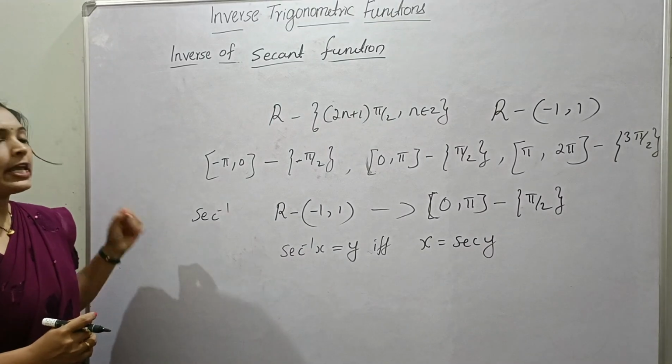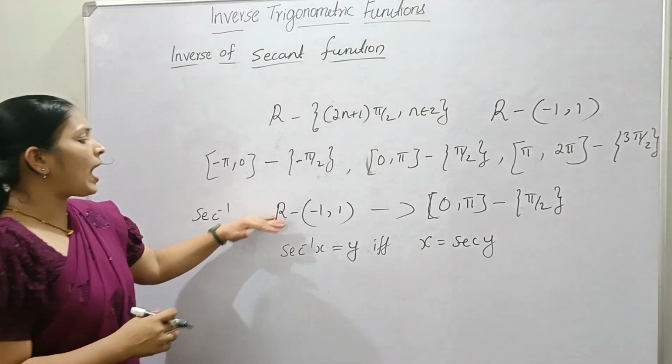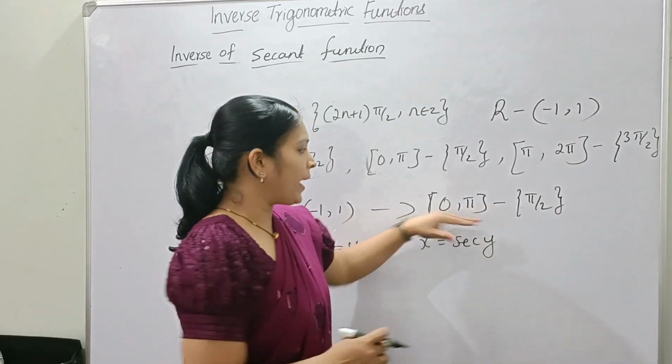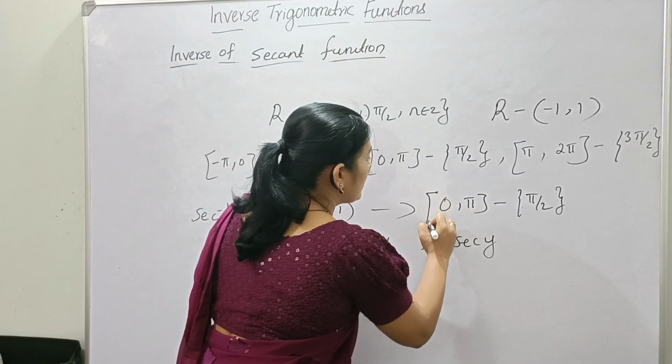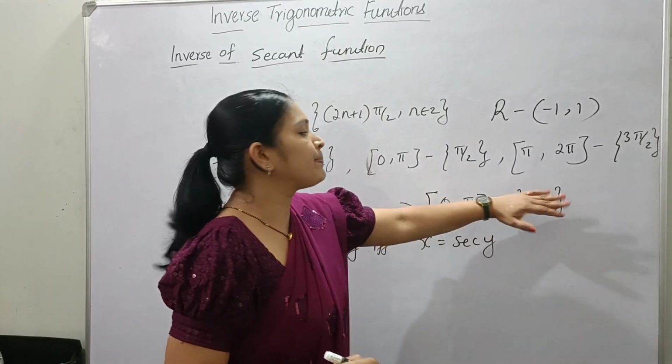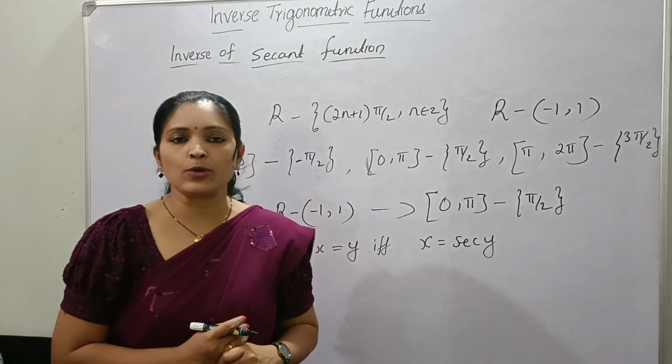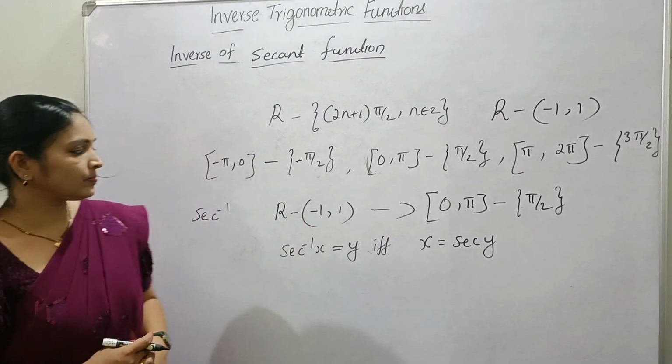That is, sec inverse is a function from R minus the open interval minus 1 to 1 to the closed interval 0 to pi minus pi by 2, such that sec inverse x is equal to y if and only if x is equal to sec y.